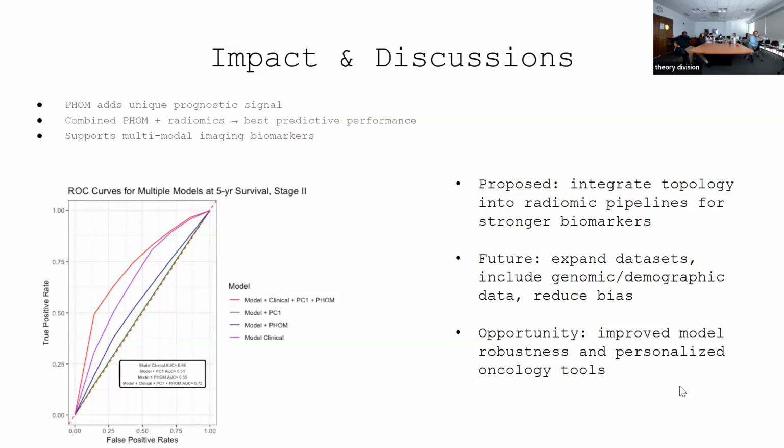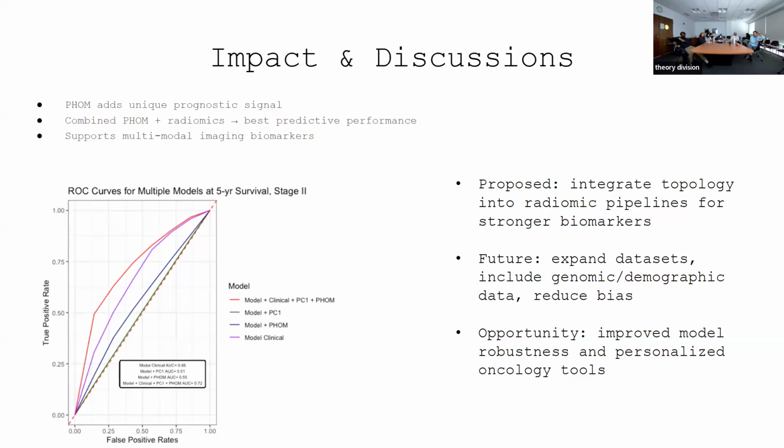So we did a 4-model RLC comparison: the base model plus the clinical data, the model plus the FOM, the model plus the principal components, which is the radiomics, and the model plus everything. We found that the model with the clinical data, the radiomic data, and the FOM data all together gave us the best outcome. So what does this give us the idea to propose? If we integrate topology into radiomic pipelines, maybe we can get stronger biomarkers.